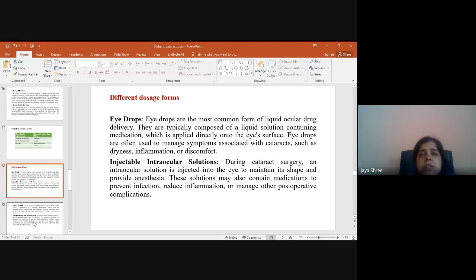So what happens in cataract surgery? An intraocular solution is injected into the eye to maintain its shape and provide anesthesia. These solutions may also contain medication to prevent infection, like posterior subcapsular infection, and it also reduces the inflammation or manages other post-operative complications.